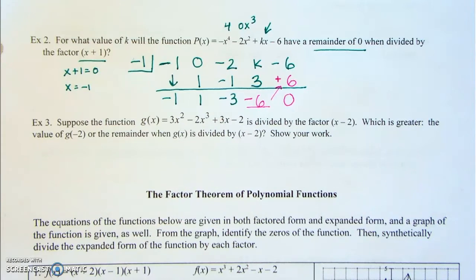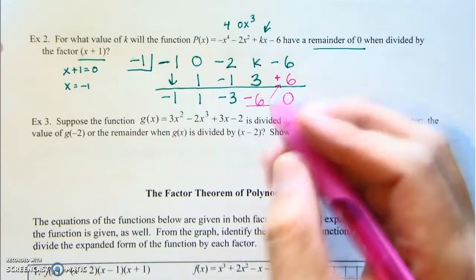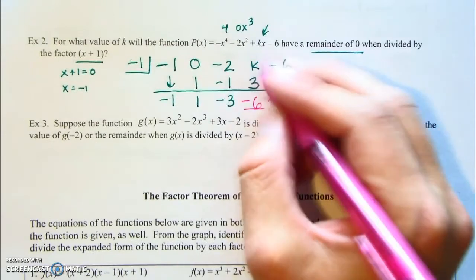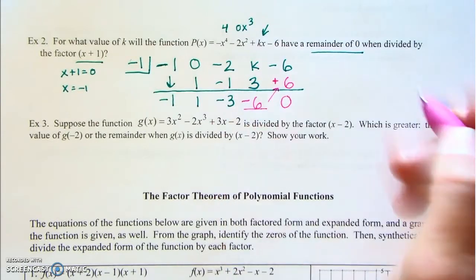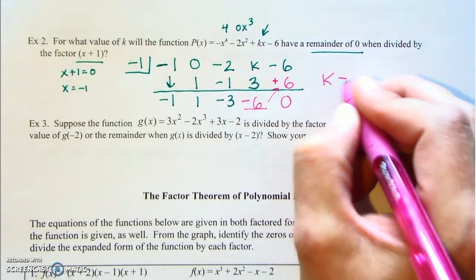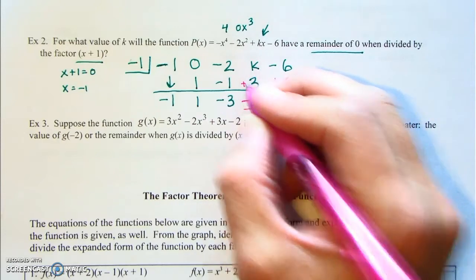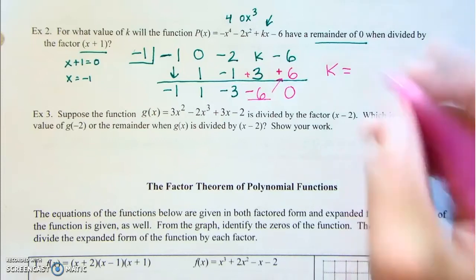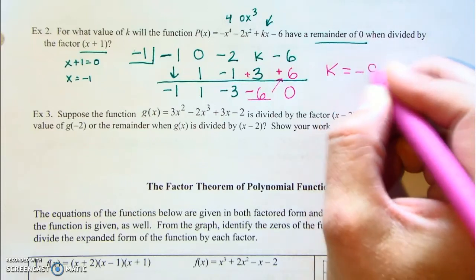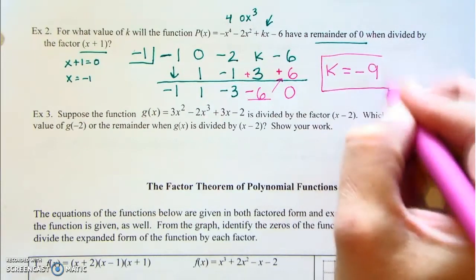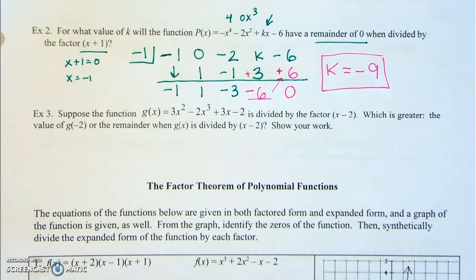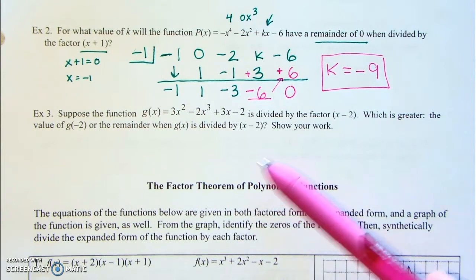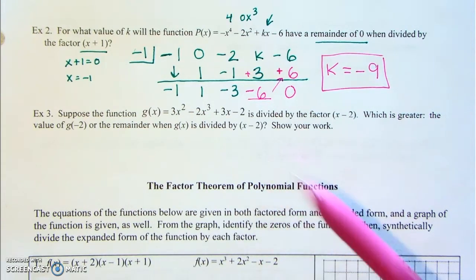So then k plus 3 has to equal negative 6. So k equals what number plus 3 equals negative 6? Negative 9? Isn't that a fun example? I love it. We'll save this one for class.